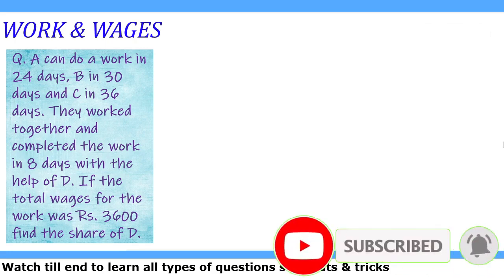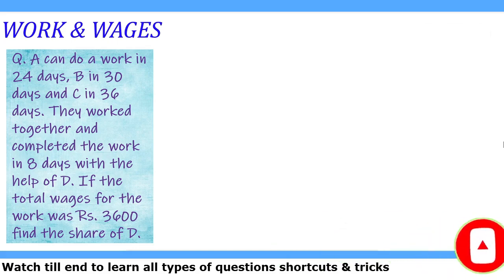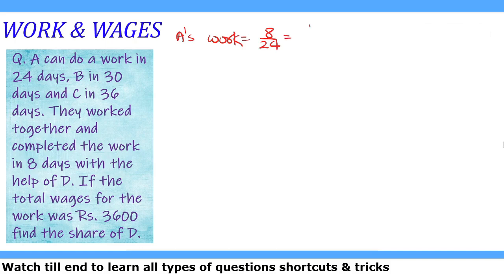As A completes the work in 24 days, so his 8-day work will be 8 upon 24, which is equal to 1 upon 3 of the work. B's 8-day work equal to 8 upon 30, as B completes the work in 30 days.